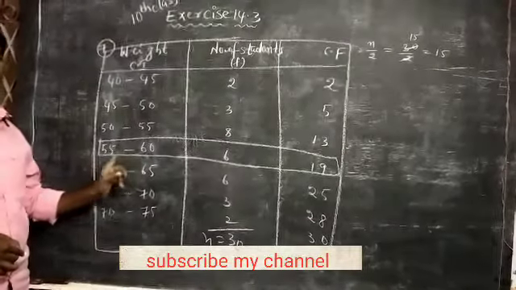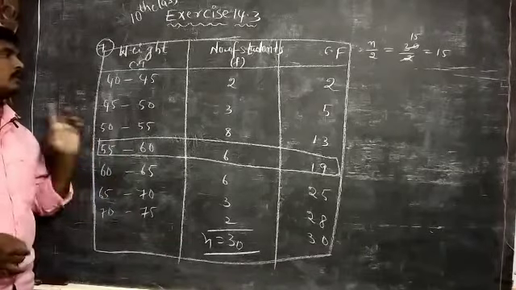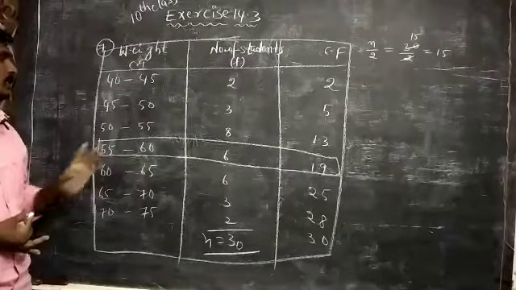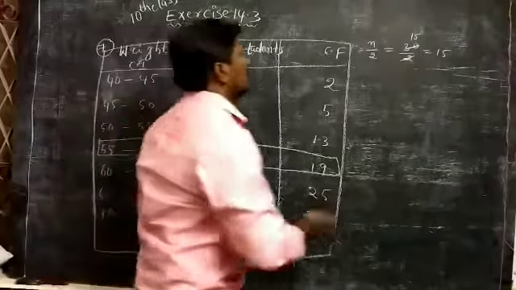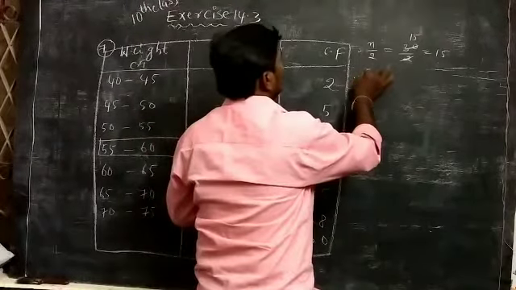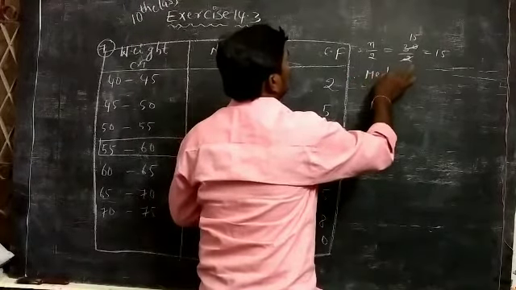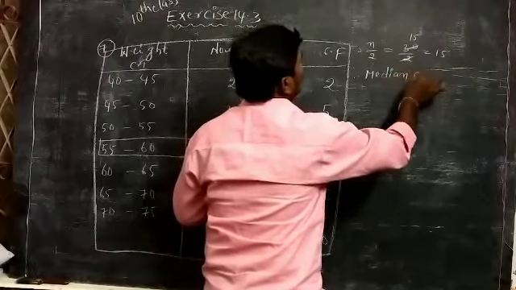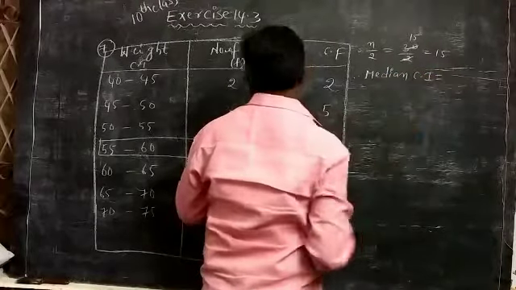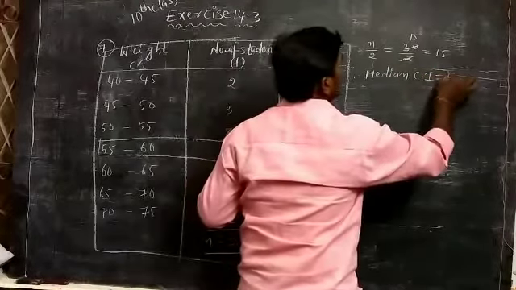Therefore, the median class interval is 55 to 60.